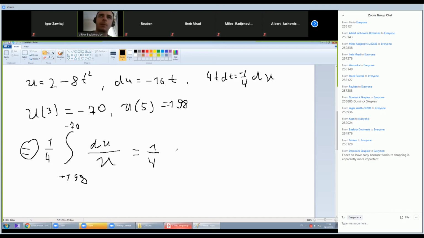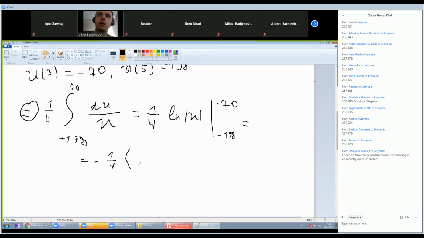Okay, and then this is just the logarithm of the absolute value, right? So 1/4 times the logarithm of the absolute value of u, evaluated from -198 to -70. And so this is going to be 1/4 times the logarithm of 70 minus the natural logarithm of 198.